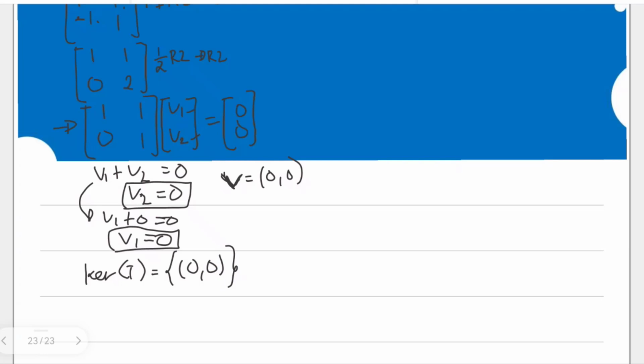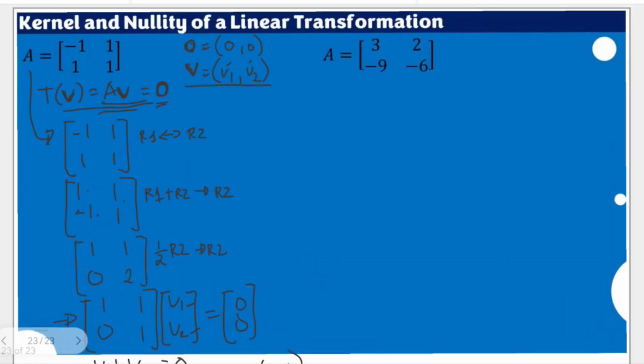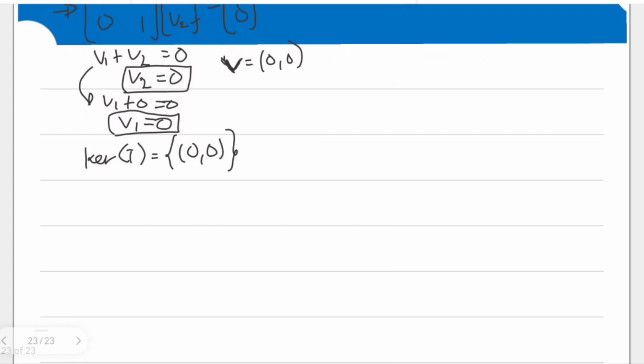That's the kernel of T for our first matrix. Now, the nullity of T, again, is the dimension of the basis. We only have one element here.